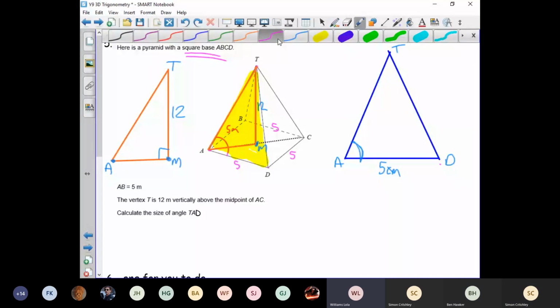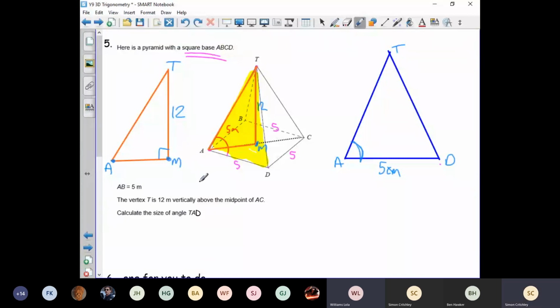So I did Pythagoras. The root of 5 squared plus 5 squared, which equals 5 root 2. Okay. Do you want me to go through the whole question? Yeah, keep going, Lola. This is great.